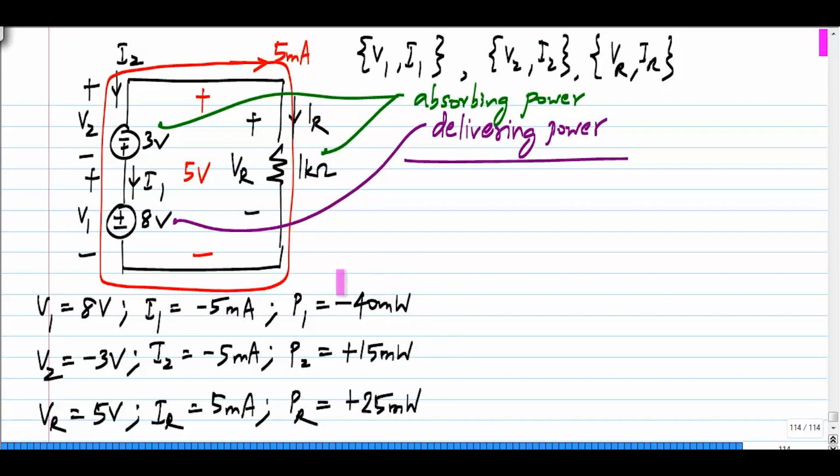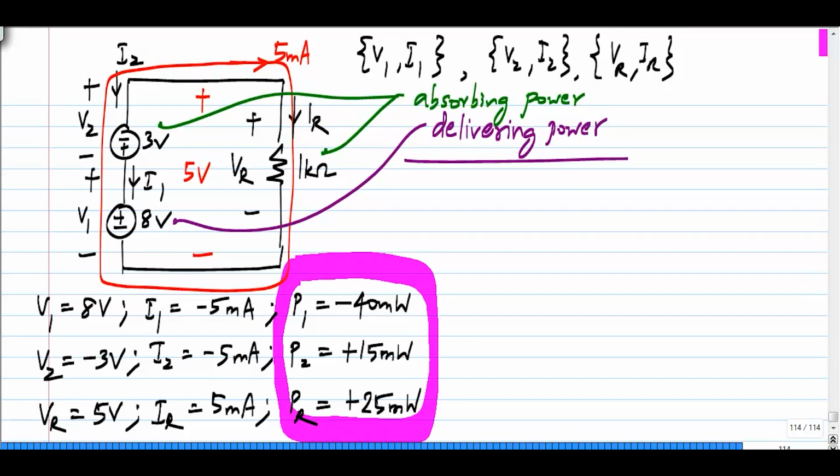And another thing I want to mention, which we will go into detail perhaps later, if you look at the sum of power absorbed in every element in the circuit, P1 plus P2 plus PR, this is equal to 0. Now, this is not a coincidence, this is a property of circuits and it can be proven from Kirchhoff's current law and Kirchhoff's voltage law.